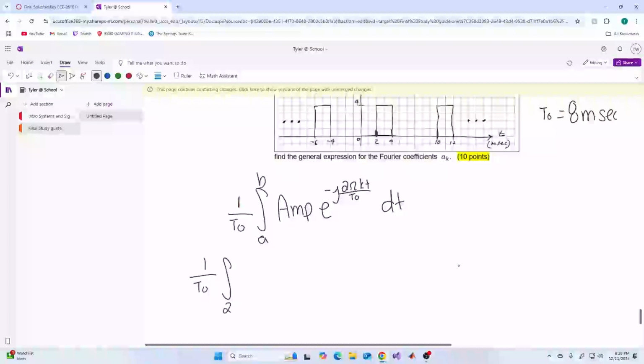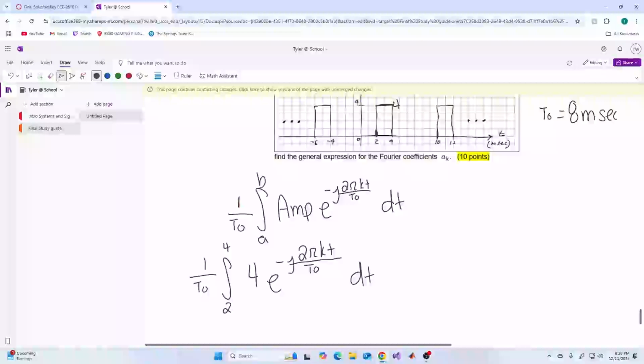So from 2 to 4 milliseconds, we have an amplitude of 4. So we're going to have 4e to the negative j 2 pi kt divided by t0 dt.